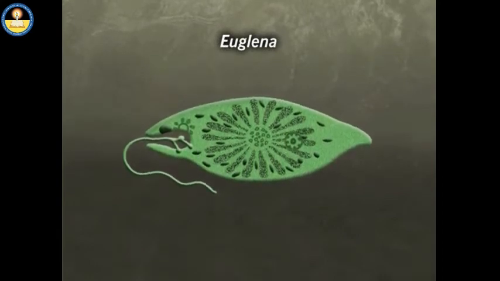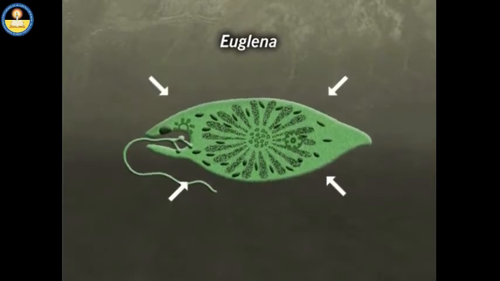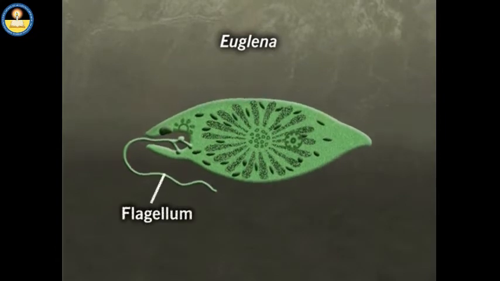It is a unique organism that has chloroplasts and can make its own food. It is not completely autotrophic, as it can also absorb food from its environment. Euglena move by a flagellum, which is a long whip-like structure that acts like a little motor.